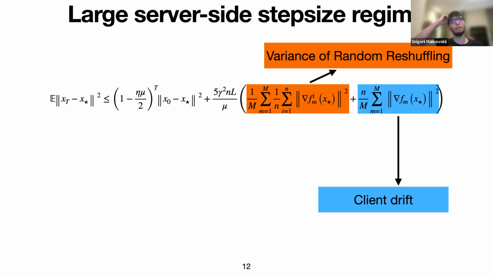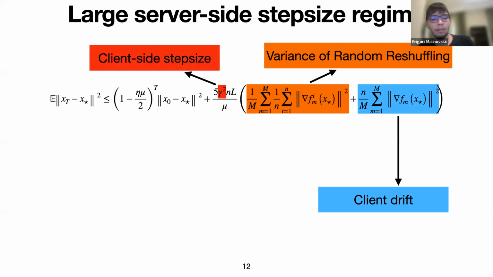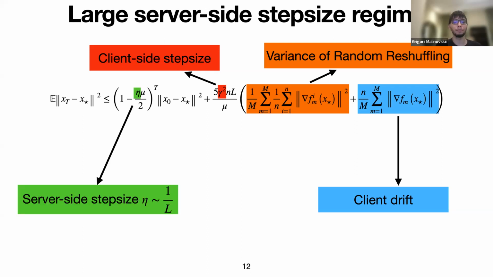And here we have a really interesting thing. We can see that the second and third terms are proportional to the client-side step size, while the linear term depends only on the server-side step size. So we get a nice decoupling of step sizes, which allows us to use as small as possible a client-side step size, gamma here, and use a large, 1/L, server-side step size.